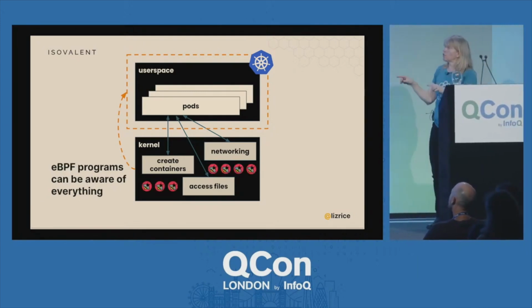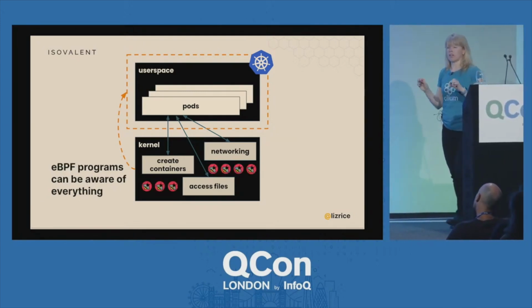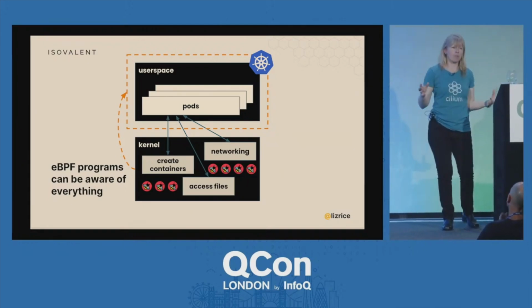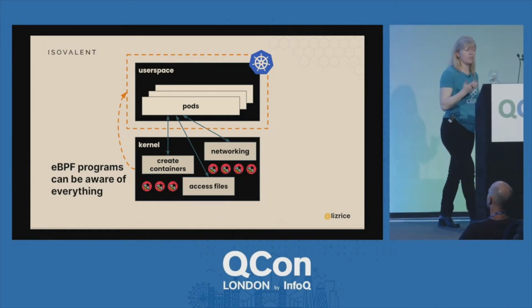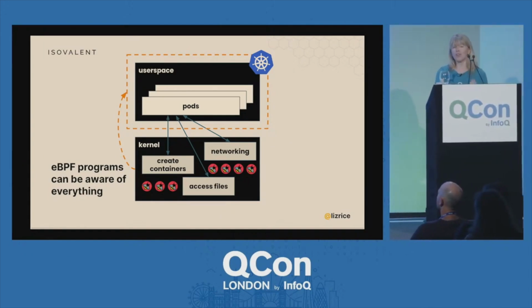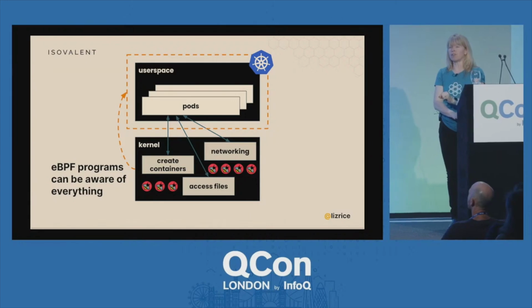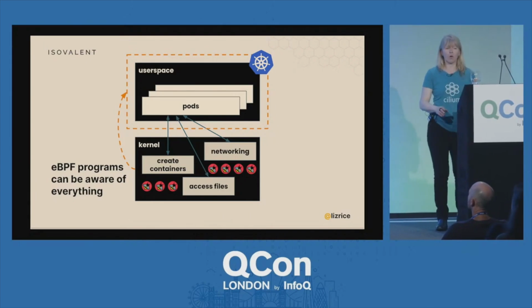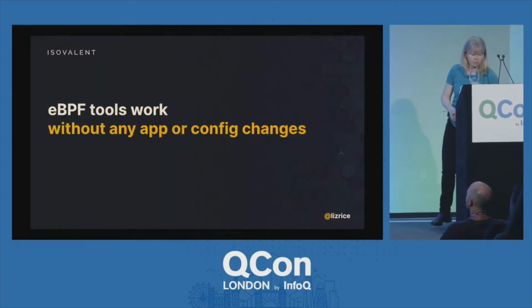And that means if we instrument the kernel using eBPF programs, that instrumentation can be aware of everything that's happening across all of our pods and all of our applications. We only need to instrument each node to get visibility and influence over what's happening in all of our applications.